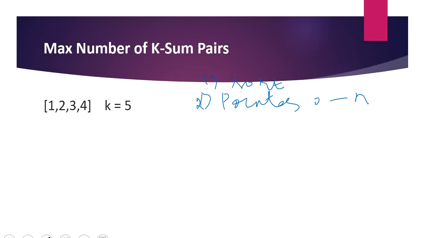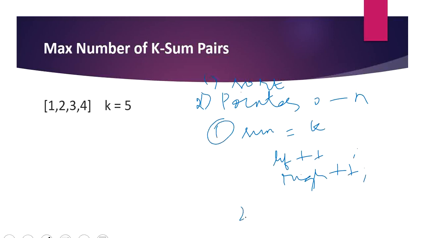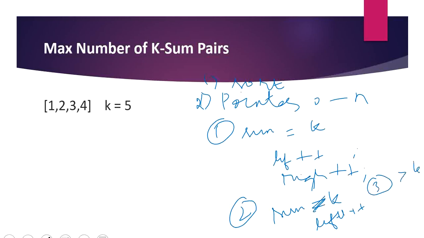That is, if the sum is equal to k, then both the left and right pointers move: left increments and right decrements. Our second condition is if the sum is less than k, only the left pointer increments. If it is greater than k, the right pointer decrements. This is the simple logic. So let's code and see.